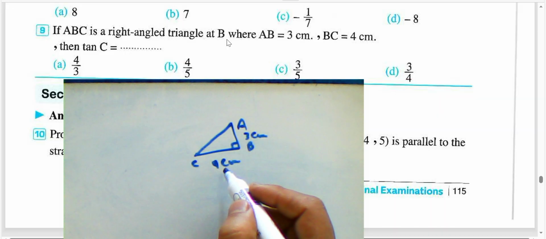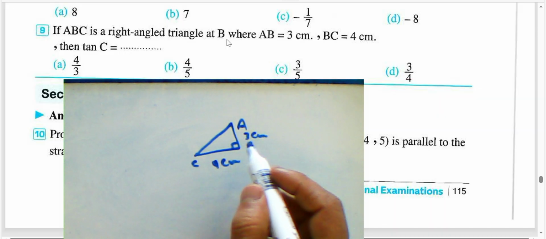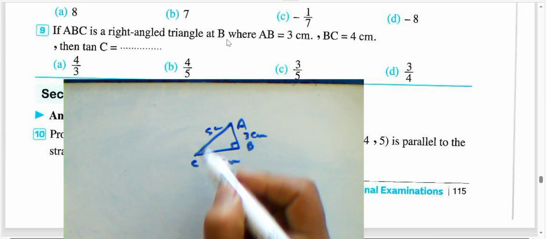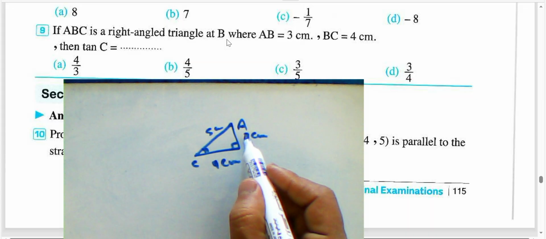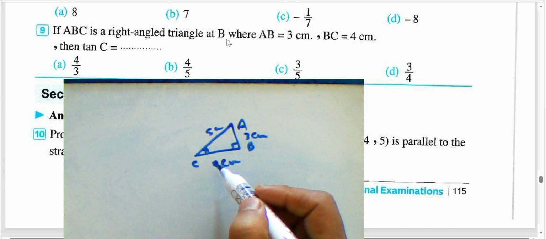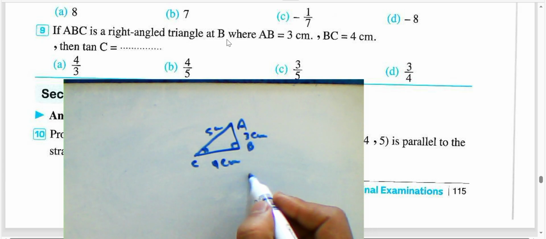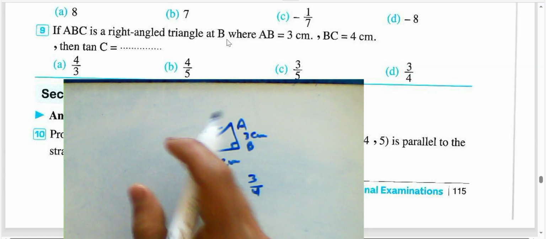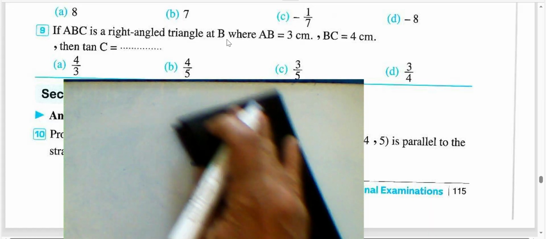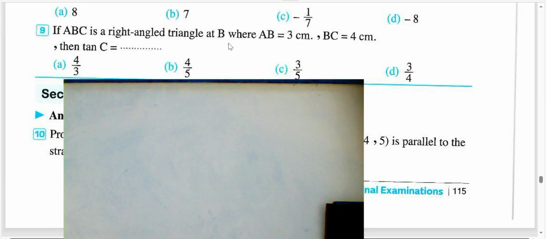Write AC power 2 equals 4 power 2 plus 3 power 2 and then find the square root. The result will be the square root of 25, 5 cm. Then tan C will be opposite over adjacent, 3 over 4. Choose letter D for question number 9. We don't need the hypotenuse here, because to find tan theta we want opposite over adjacent.